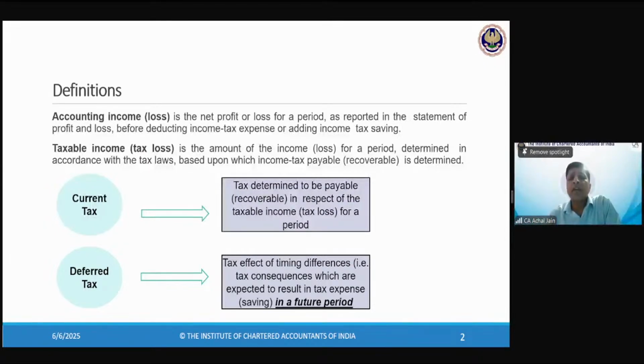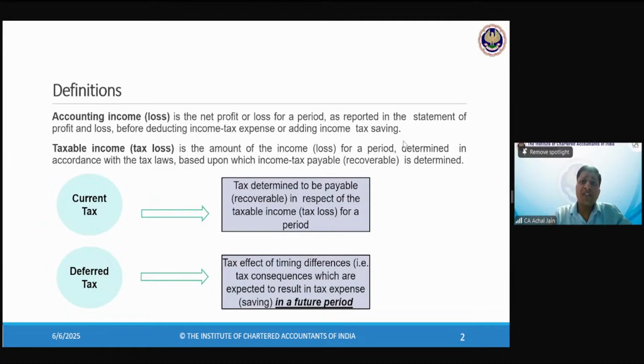See, when you prepare your P&L, do you get profit or loss over there or not? Tell me, do you get profit or loss when you prepare the P&L? Yes. So what do you call it? Profit or loss as per books of accounts, or you can say profit or loss as per the accounts.